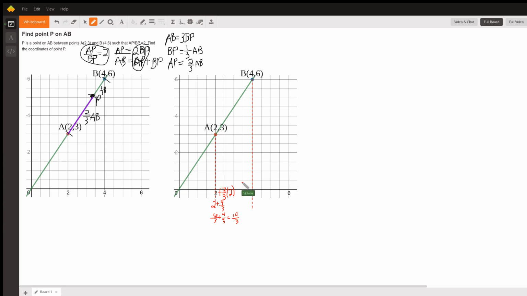And I believe that is the x-coordinate of P, which is 3 1/3 right here.